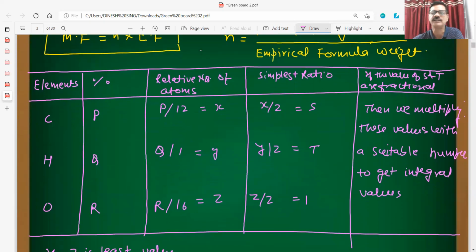So suppose this value is coming 0.5, and this value is coming 1.5, and this will always be 1.